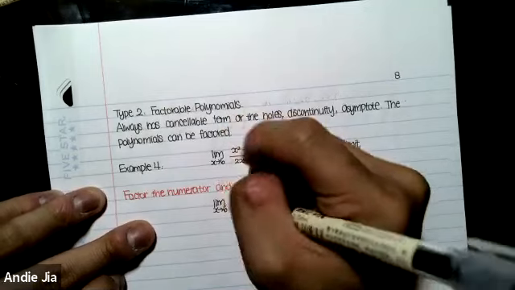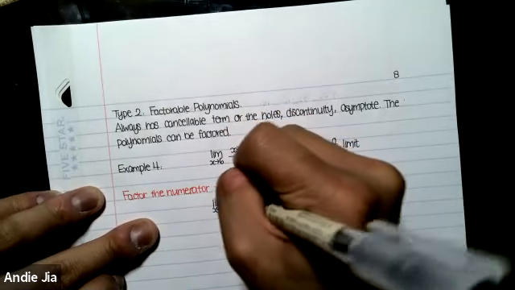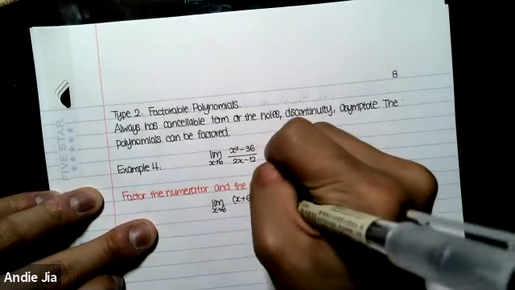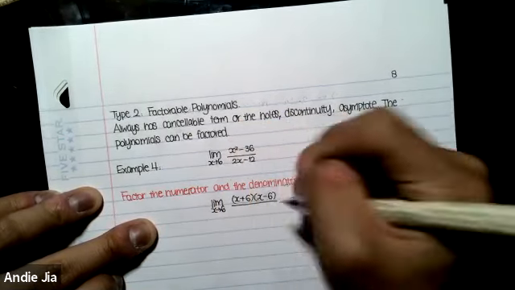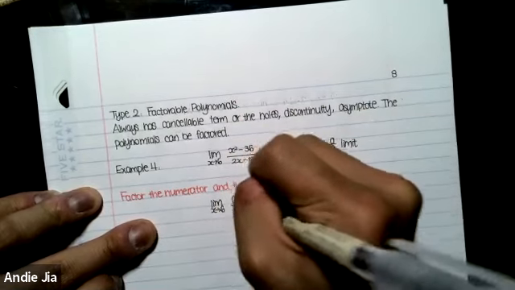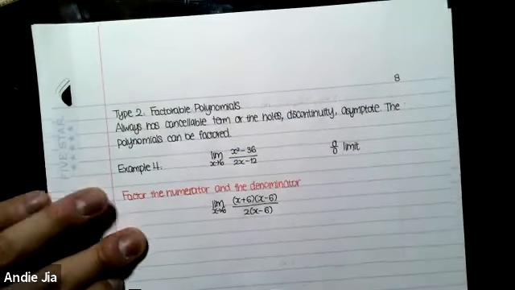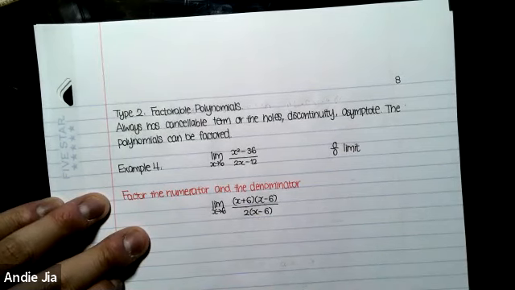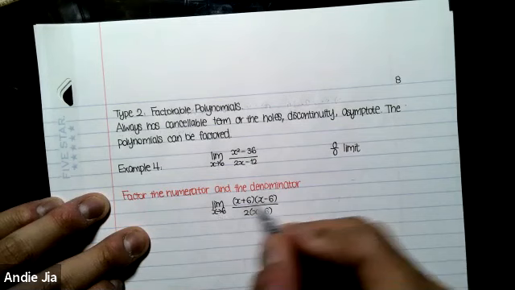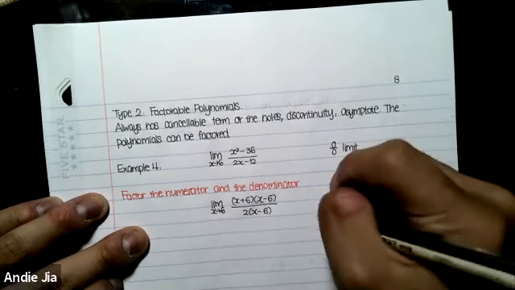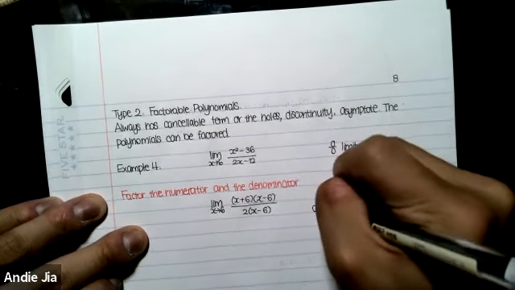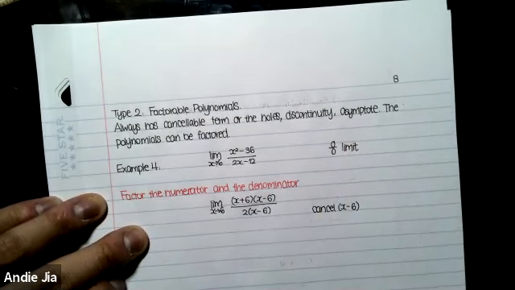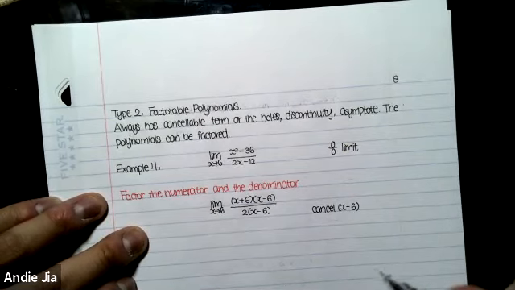We factor them, and we see x minus 6 is the cancel term, because if x is 6 then it's a 0. Remove the singularity.